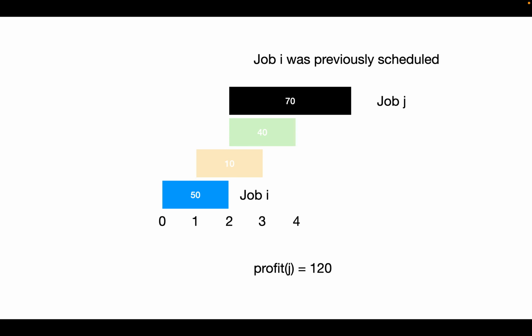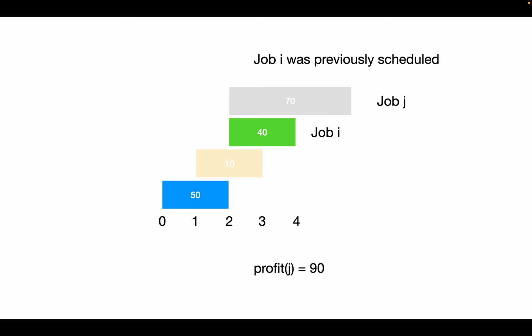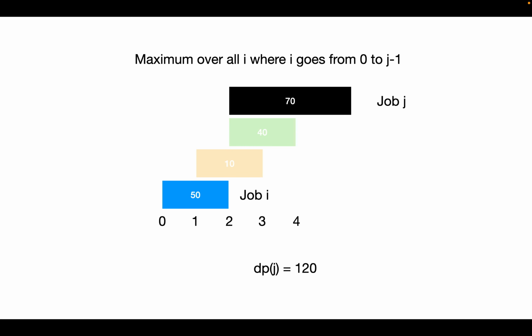So this is what I meant by we're going to iterate for all i less than j. So for those scenarios, the best solution is when i had been 0, and j is 3, at that point we had our optimal solution. So dp of j is 120.